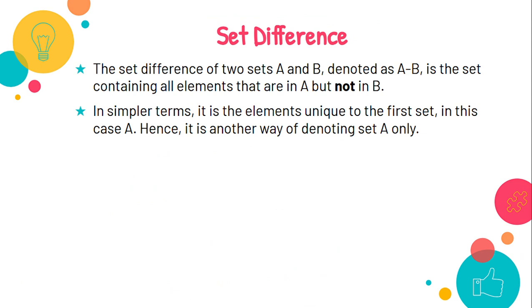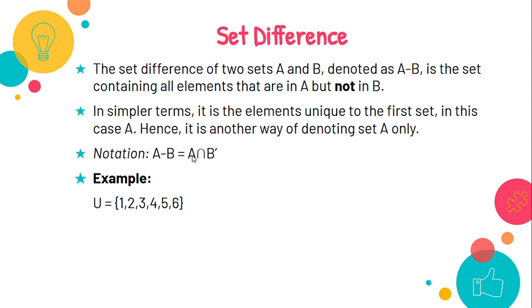And in this particular instance, it would be the elements unique to set A. So again, as we just mentioned, any element that is unique to set A alone is called A only. So we can denote A minus B as A intersect B complement because we're looking for the elements that are in A but are not in B.